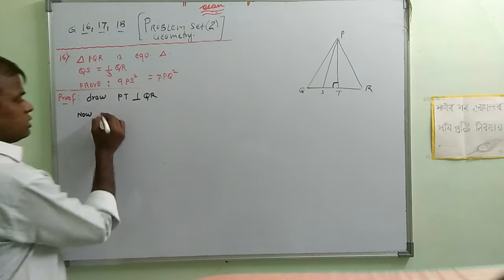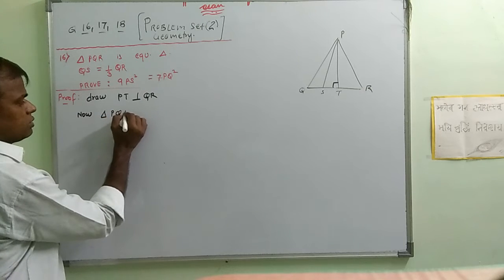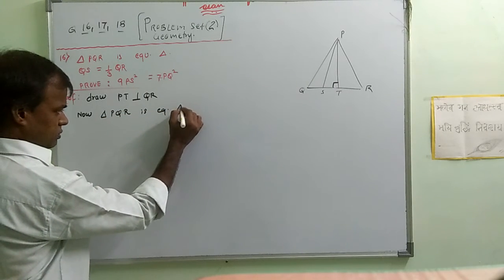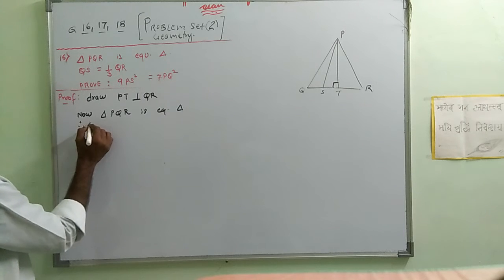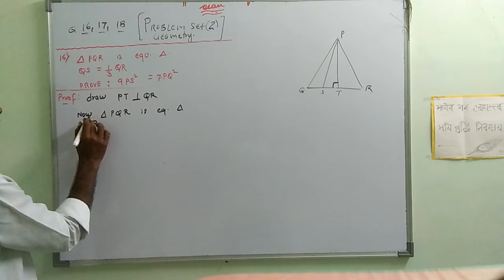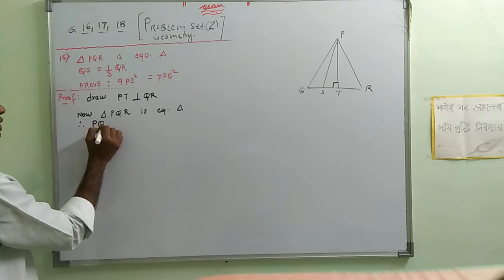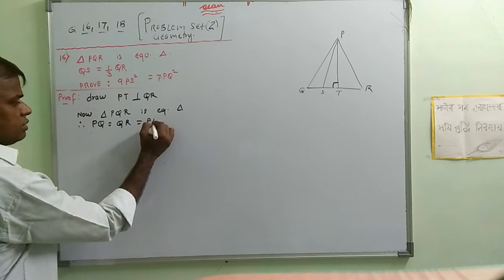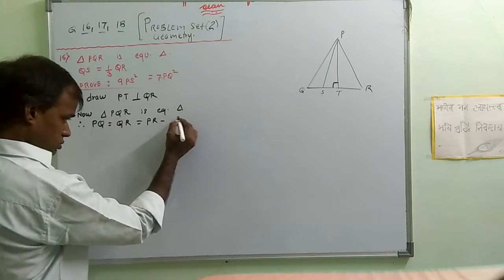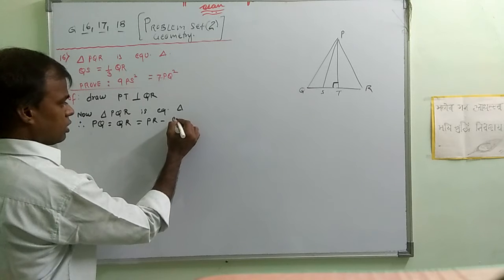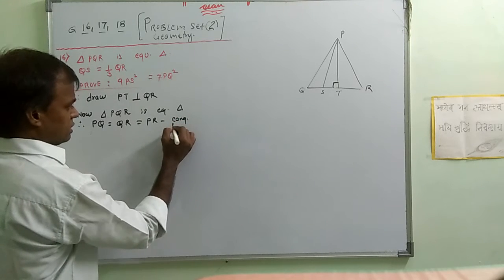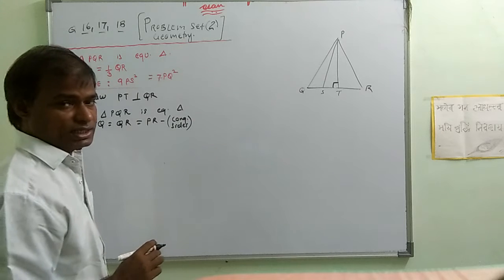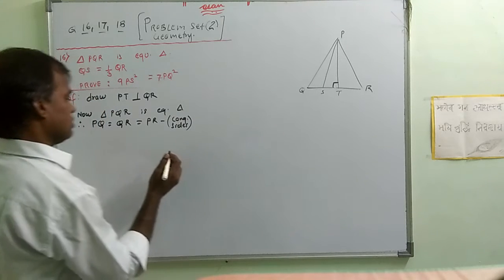Now, triangle PQR is an equilateral triangle. Therefore, PQ equals QR equals PR. They are the congruent sides, equal sides of the equilateral triangle.